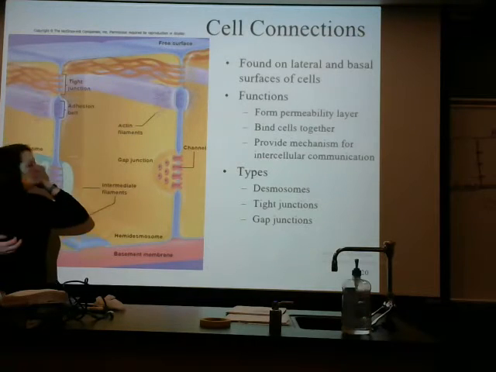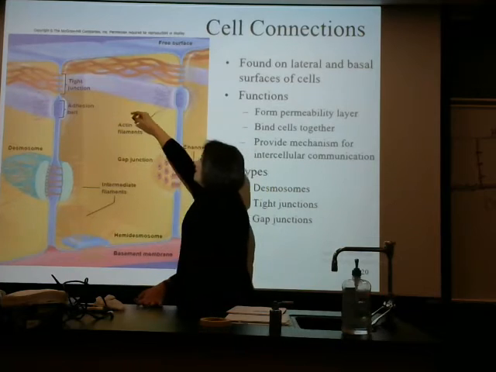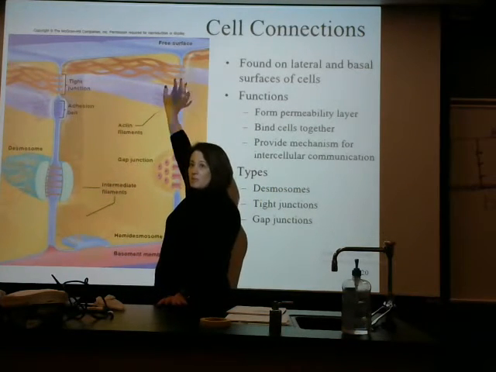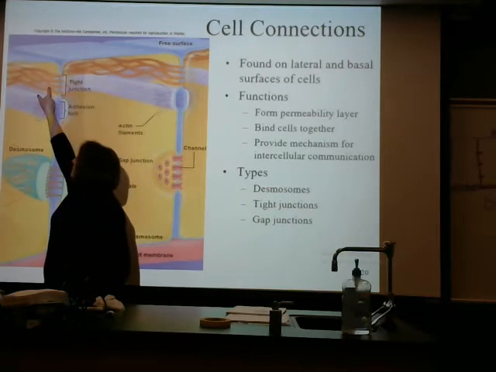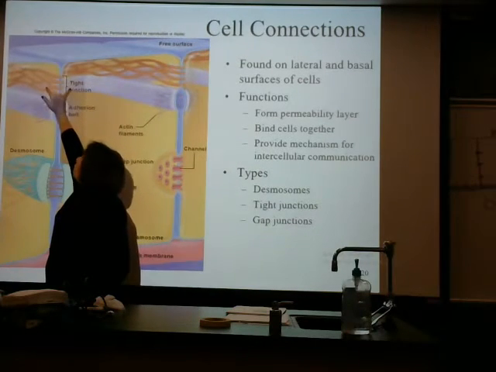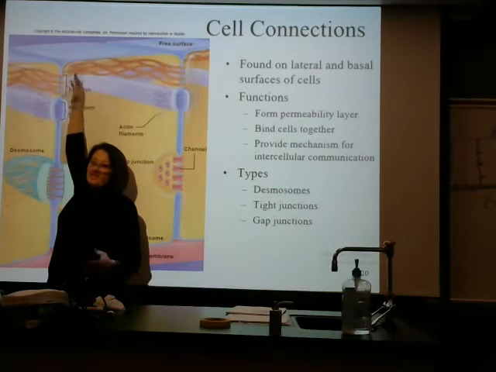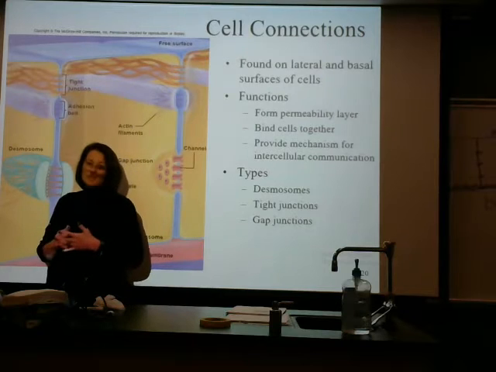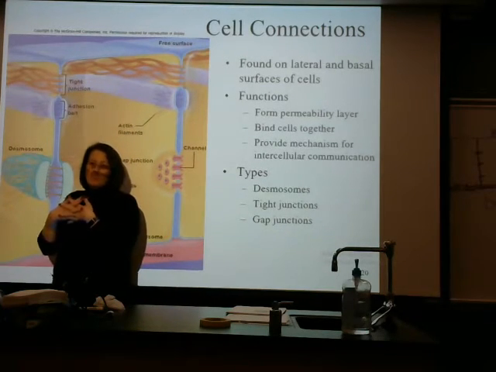All right? A tight junction. Usually across the top of the cell, something near the apical surface, you're going to find little protein-like structures, one running into the next one and the next cell, and just like their name implies, they're a tight junction. So once again, helping to anchor the cells.